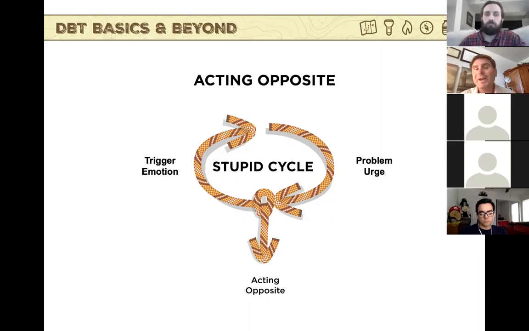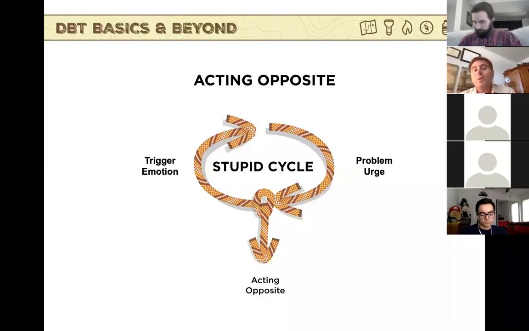So I call that the stupid cycle. That's not DBT lingo. And I am obviously not calling clients stupid. We all recognize this pattern where we react to a strong emotion with an urge that only makes things worse. And when we do that, we're clearly not using our wise mind, right?